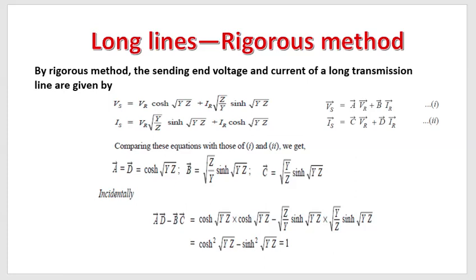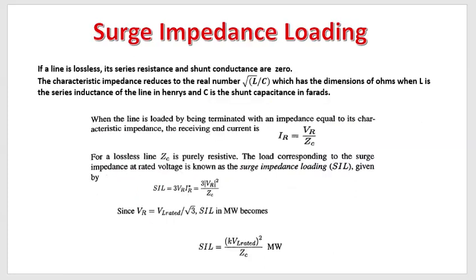Now, up to now we have discussed the unknown constants for short transmission line, medium transmission line and the long transmission line. Now we will discuss an important term in a transmission system, which is surge impedance loading.